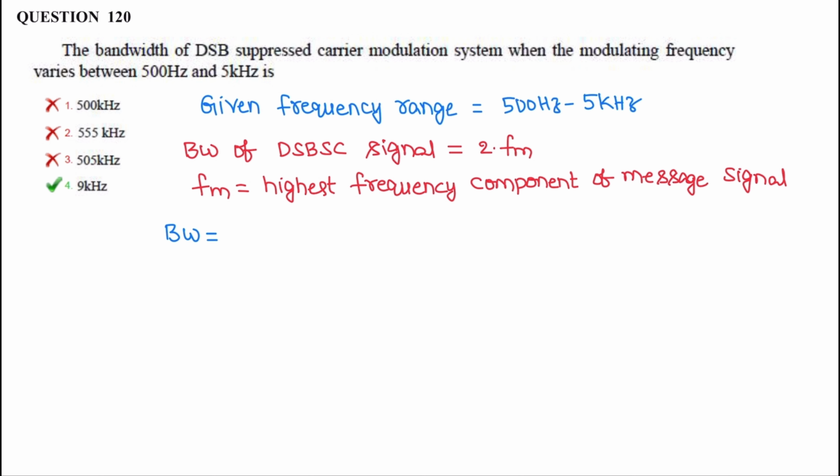The bandwidth of DSB-SC signal is 2 into fm, where fm is the highest frequency component of message signal. That is 2 into 5000 Hz, that is 10 kilohertz. So nearest answer is option 4.